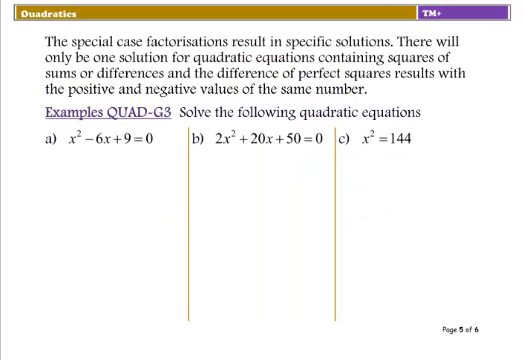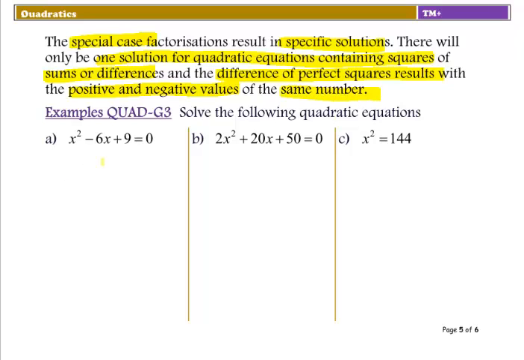Now, the special case factorisations result in specific solutions. There will be only one solution for quadratic equations containing squares of sums or differences, and the difference of perfect squares will result in a positive and negative value of the same number.